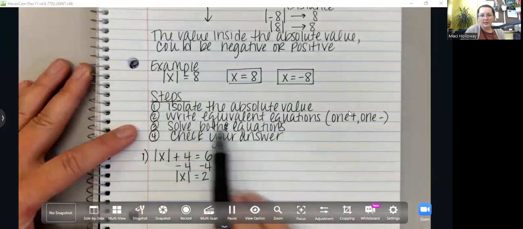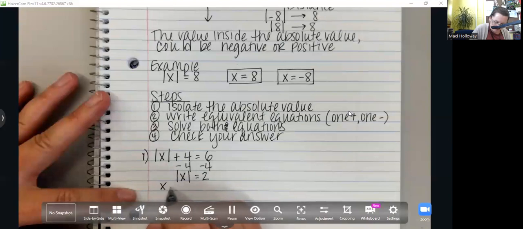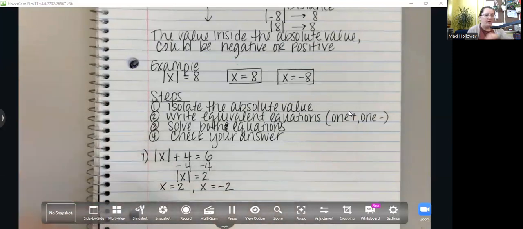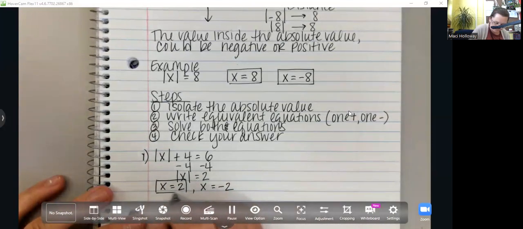Now write equivalent equations. I'm going to take the absolute value bars off because whatever's inside could equal 2, or it could equal -2. Then I'm going to solve. Well, they're already solved, so those are my answers.